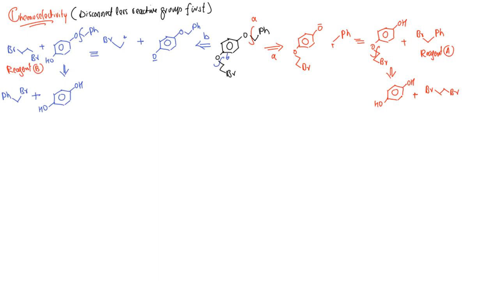Now the question is which synthetic route is appropriate, whether the synthetic route A, which I have shown with the red sketching, or the synthetic route B, which I have shown with the blue sketching.